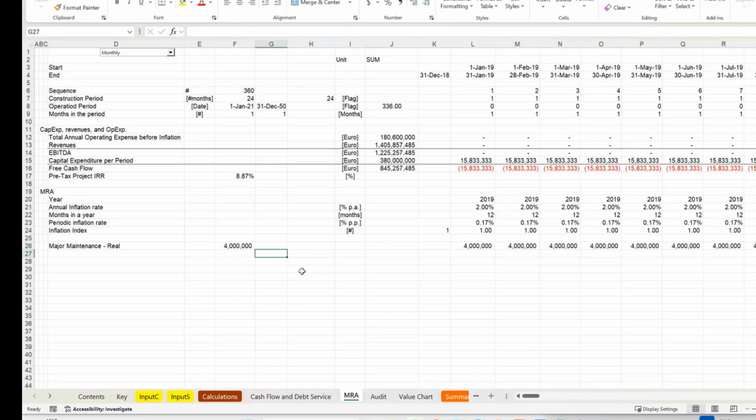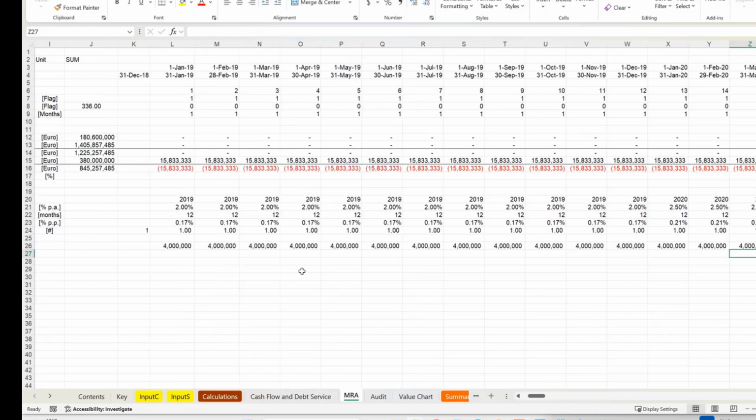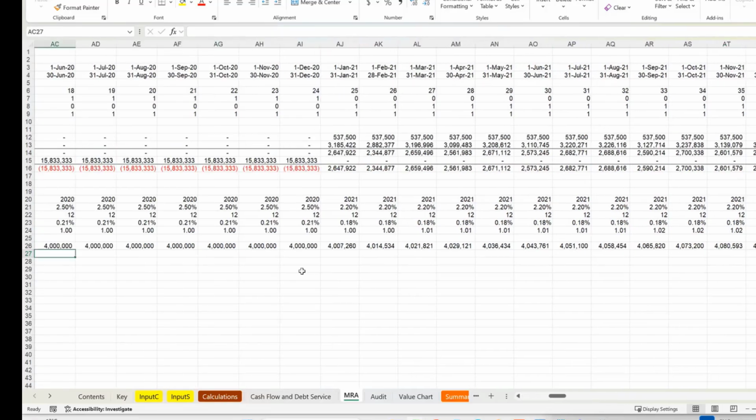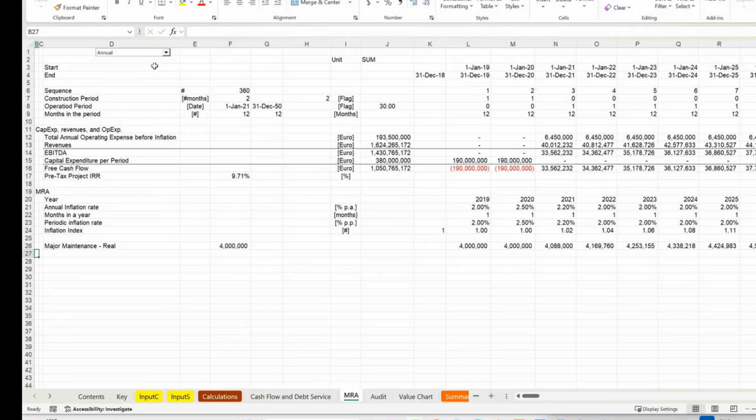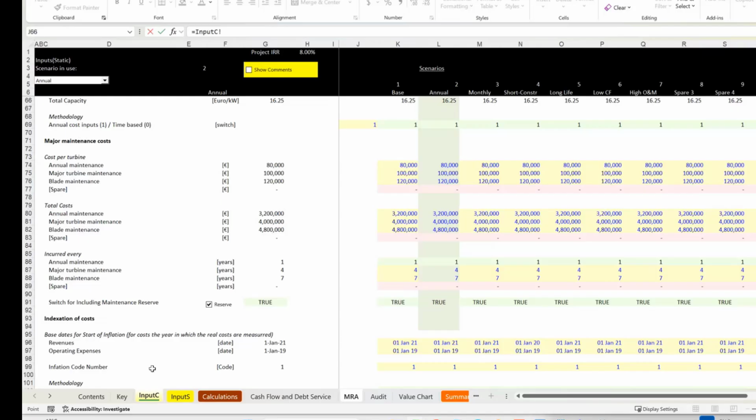And again, we can talk about other ways to do this. Now, just one quick point before we confuse ourselves. Is that not nominal?